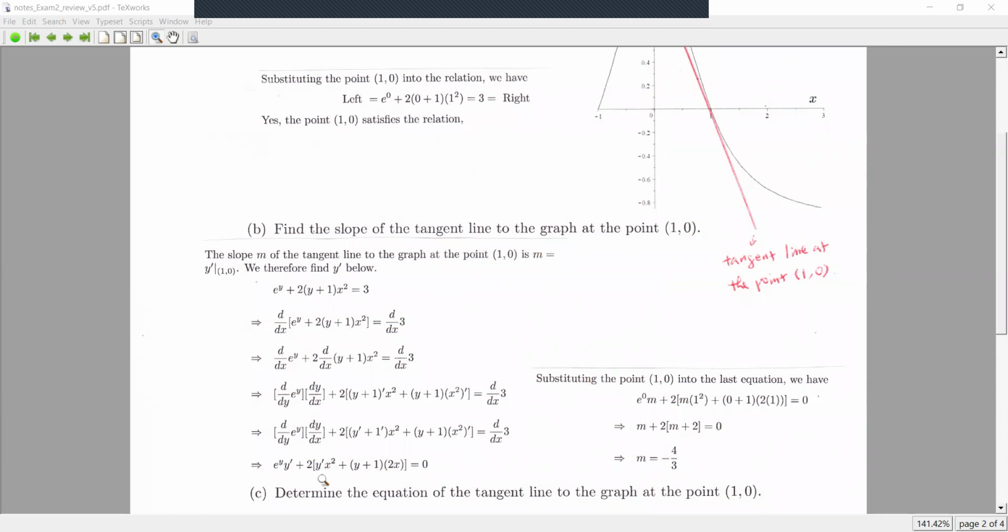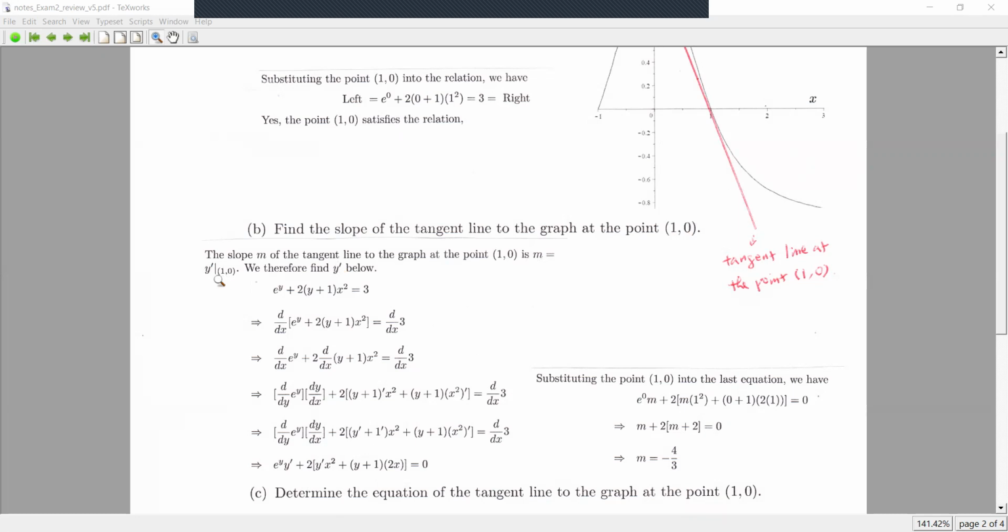We can directly plug in the point 1, 0 into this equation to get the slope of the tangent line. For the purpose, let me denote the slope of the tangent line by m. That is, m is equal to y prime evaluated at the point 1, 0.